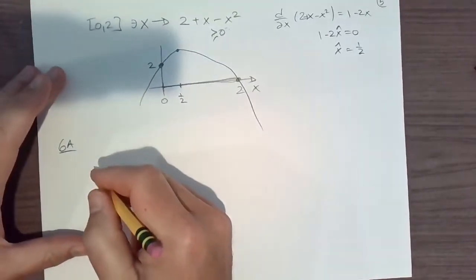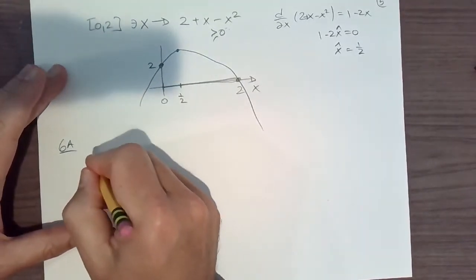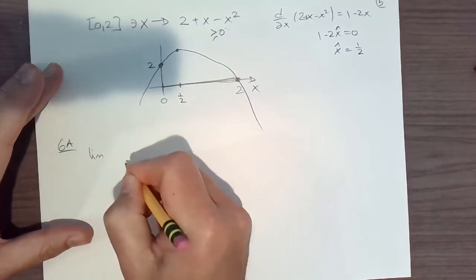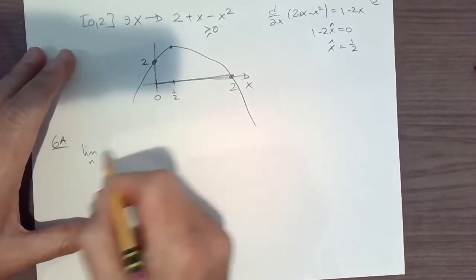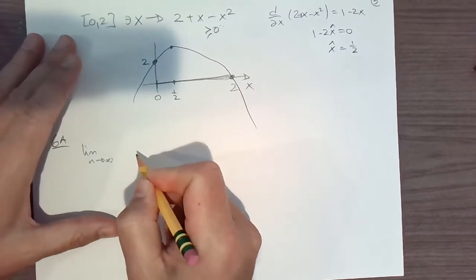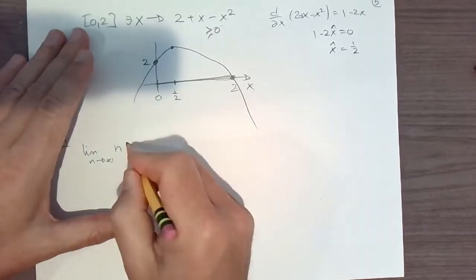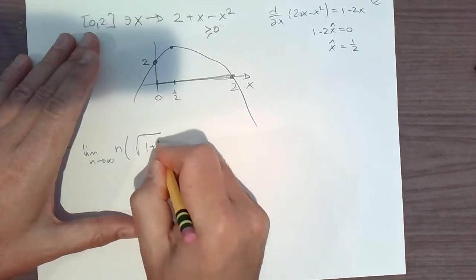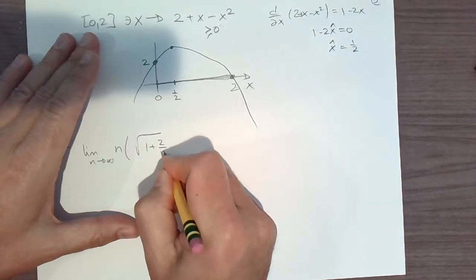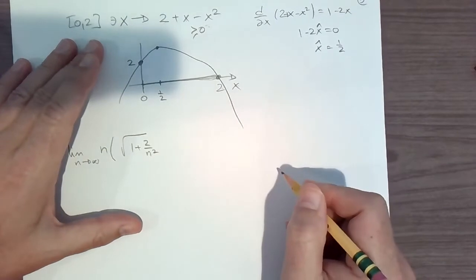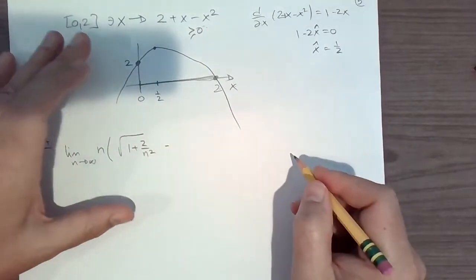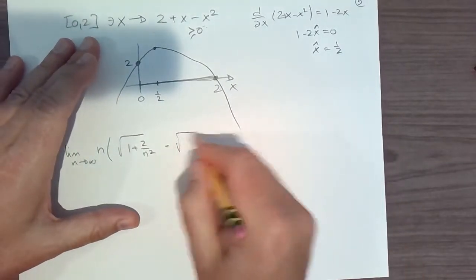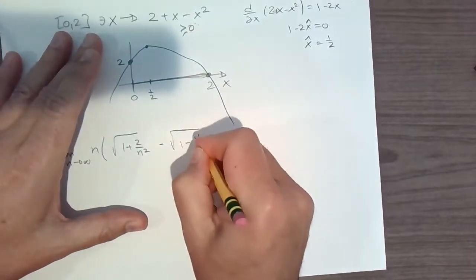It says compute the limit as n goes to infinity of n times root of 1 plus 2 divided by n squared, minus root of 1 minus 4 over n.